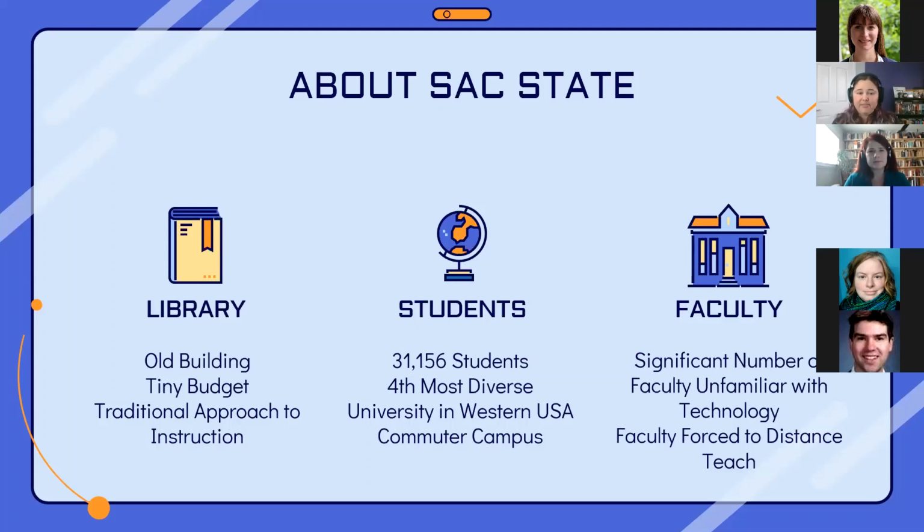Our library is a very old building, with a tiny little budget, and has historically had a more traditional approach to library information and instruction. Our student body is very diverse. We have over 31,000 students currently enrolled in our spring semester. We are the fourth most diverse university in the Western United States, and we are constantly struggling for parking when we're on campus.